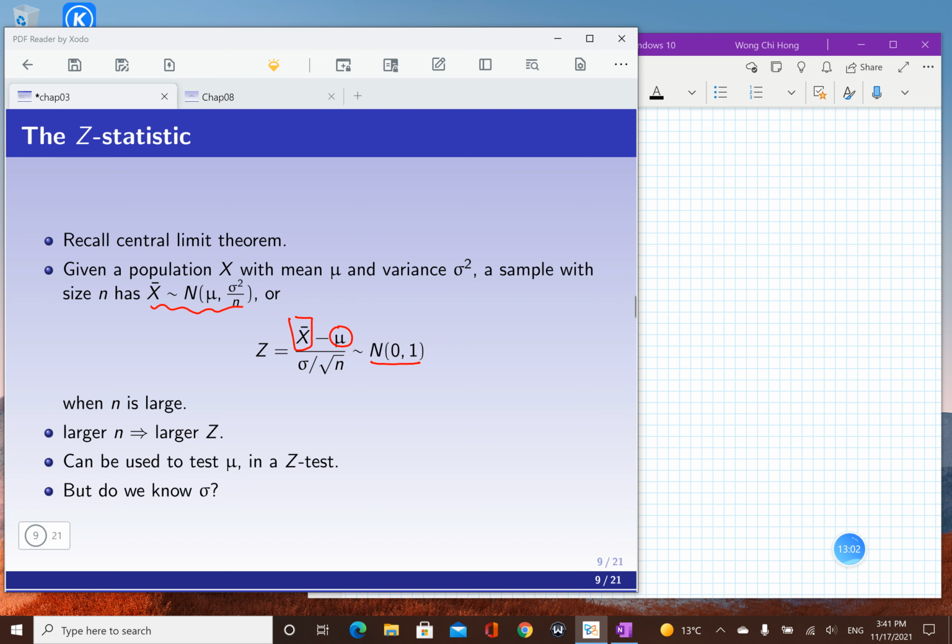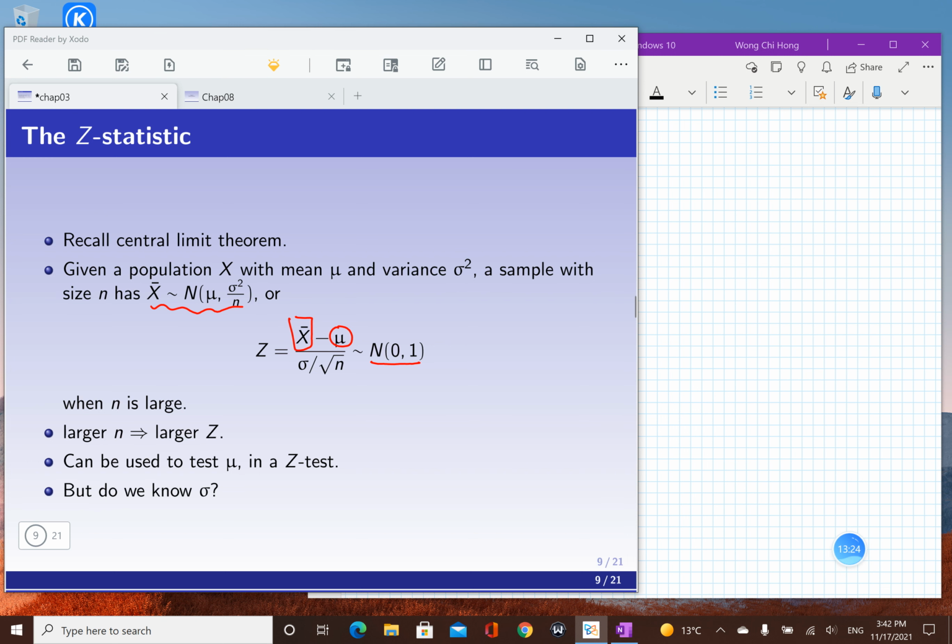Because x bar should be very close to the true mean value, yet there's a difference from what you are thinking. You got 51, but you are thinking 50, but this 51 should be very close to the true value if your sample size is so large.